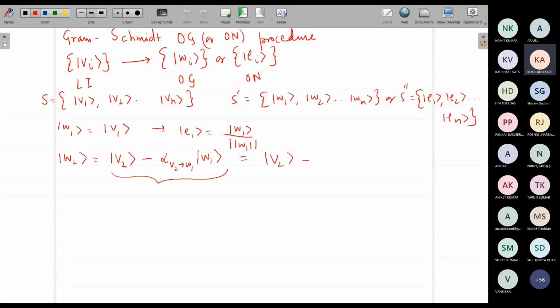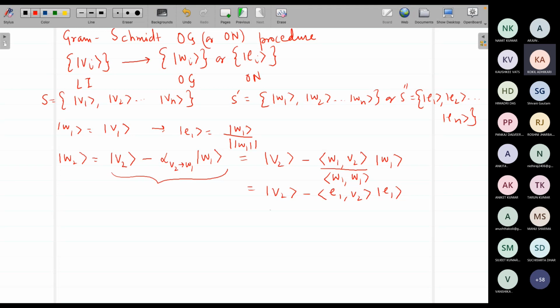W2 is V2 minus the inner product of W1 with V2, divided by the inner product of W1 with itself, times W1. Or I can also write it as V2 minus the inner product of E1 with V2 times E1, because I have already made E1.